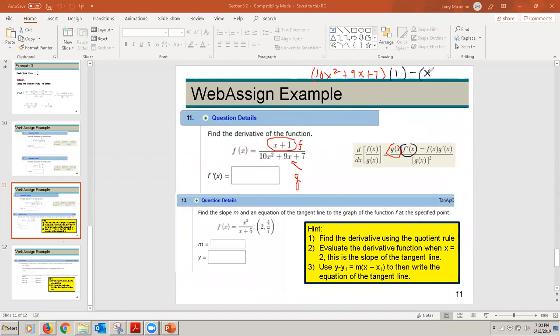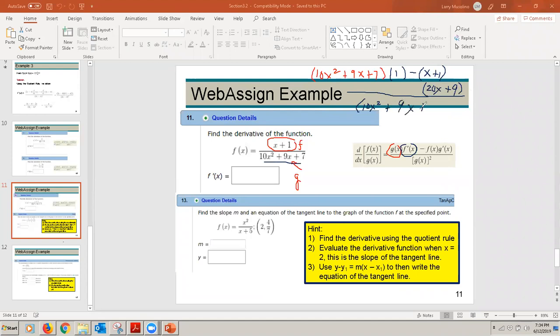So that's x plus 1 times the derivative of the bottom. The derivative of the bottom, that's g prime. That's going to be 20x plus 9. And then divide by that denominator squared. So that's going to be the 10x squared plus 9x plus 7.